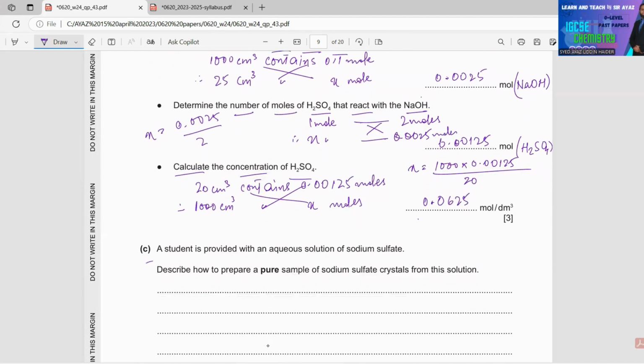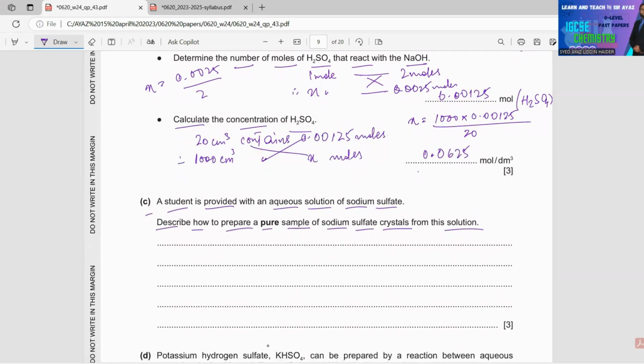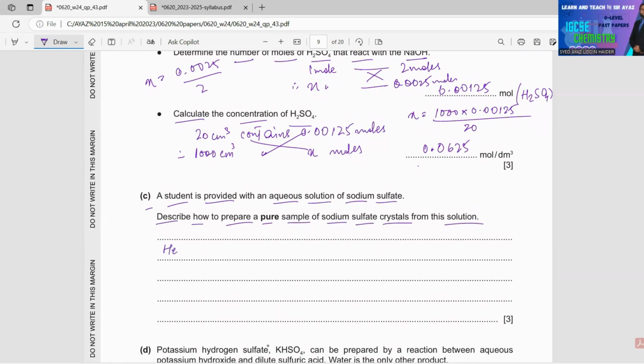A student is provided with an aqueous solution of sodium sulfate. Describe how to prepare a pure sample of sodium sulfate crystals from this solution. You will definitely start by heating the solution to saturation. I will write: heat the solution to saturation point.